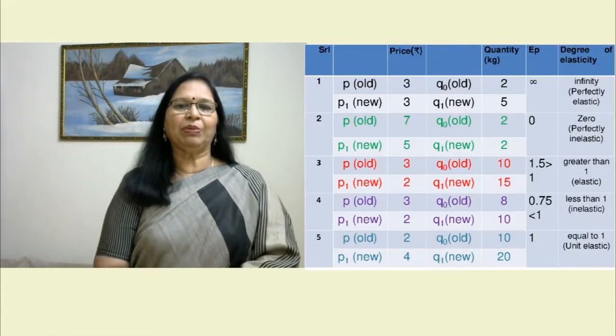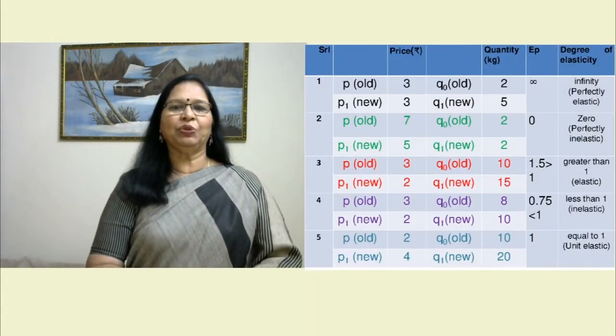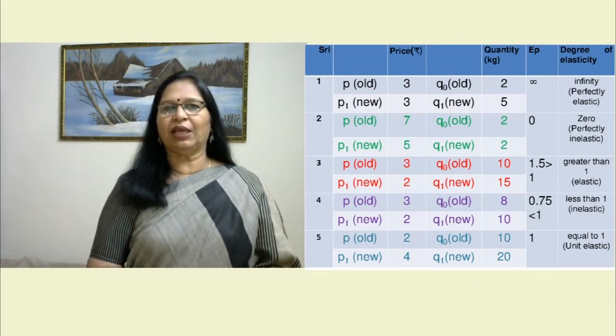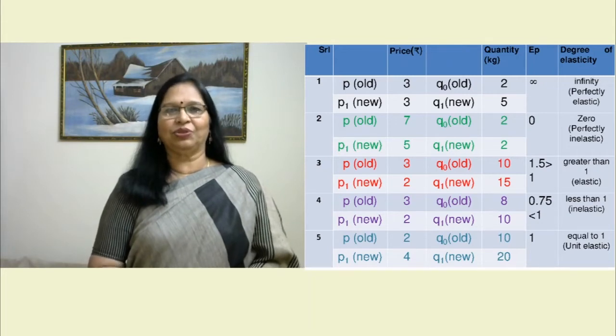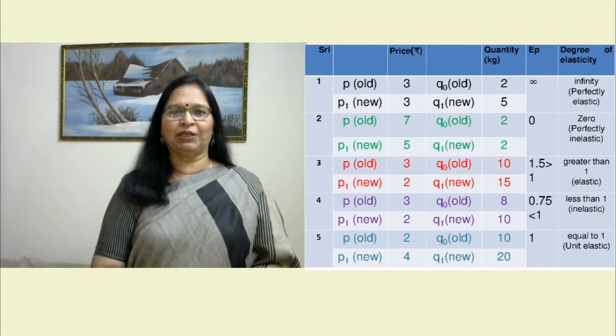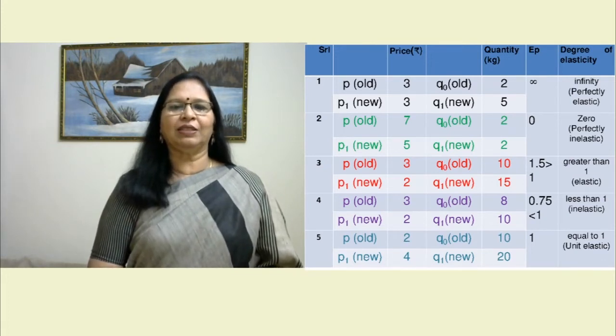I have a table prepared for you, and you can practice using this table by changing the numbers. You can change it and then try out what answers you will get. Now there are 5 pairs of prices and 5 pairs of quantity demanded, and they are in different colors. The first one is old price and new price is 3 and 3, and the quantity is 2 and 5.